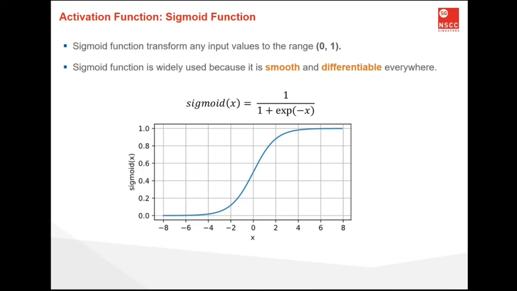A thresholding activation takes value 0 when its input is below some threshold, and value 1 when the input is higher than the threshold. When attention shifted to gradient-based learning, the sigmoid activation function was a natural choice because it is a smooth, differentiable approximation to a thresholding unit.